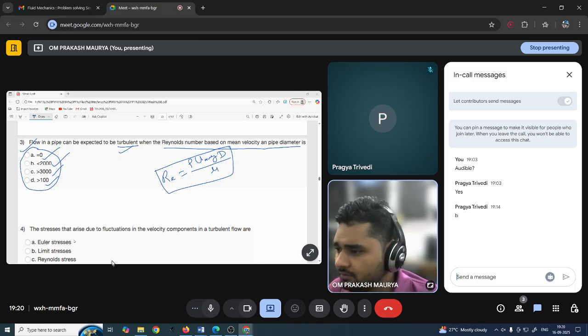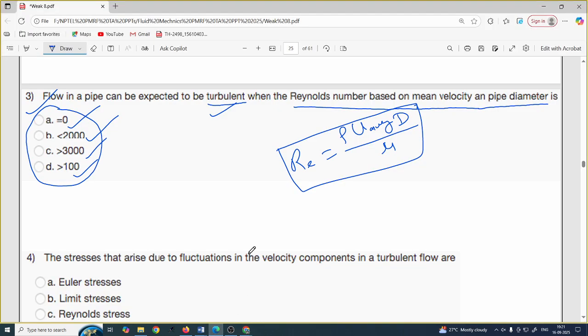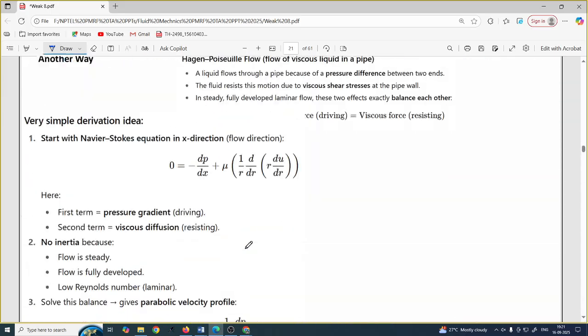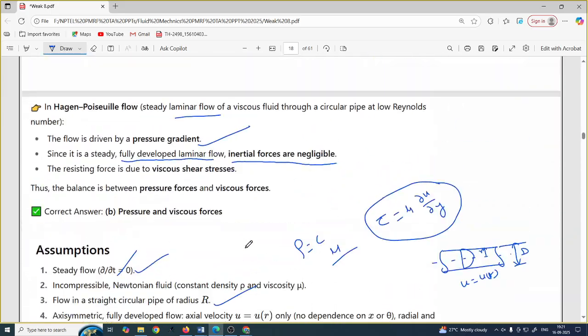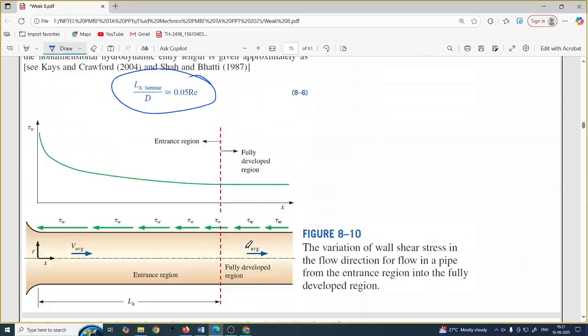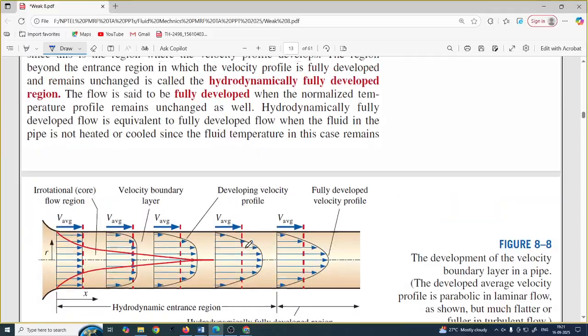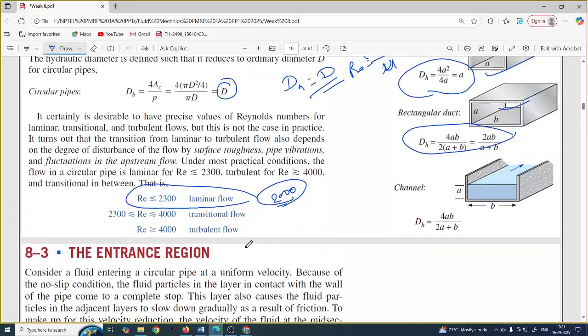Okay. So as we have seen already, here you can see very clearly, when the Reynolds number is greater than 4000 in pipe flow, then we generally assume turbulent flow.